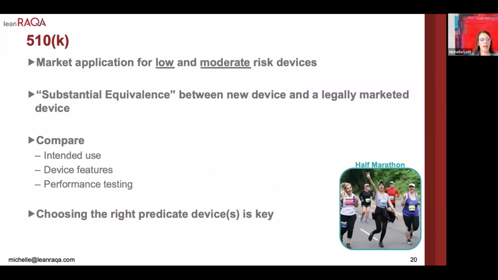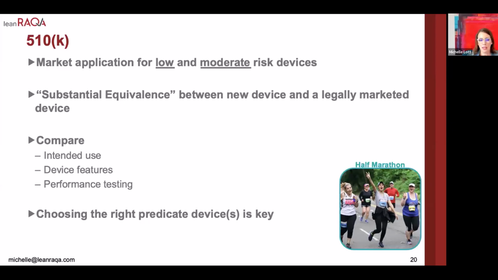So the 510K makes up the vast majority of submissions to the FDA. This is the pre-market submission for low and moderate risk devices. It's based on a concept known as substantial equivalence, which is a comparison between your product and a legally marketed device, where you compare the intended use, the device features, and the performance testing.